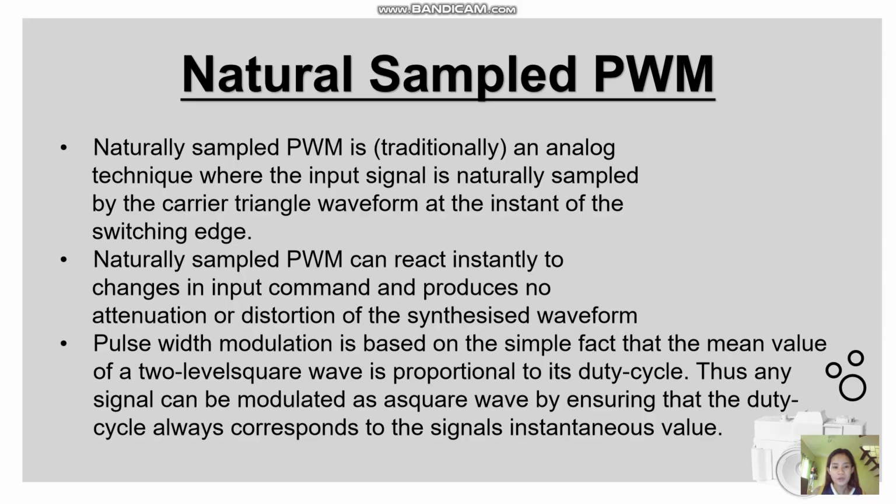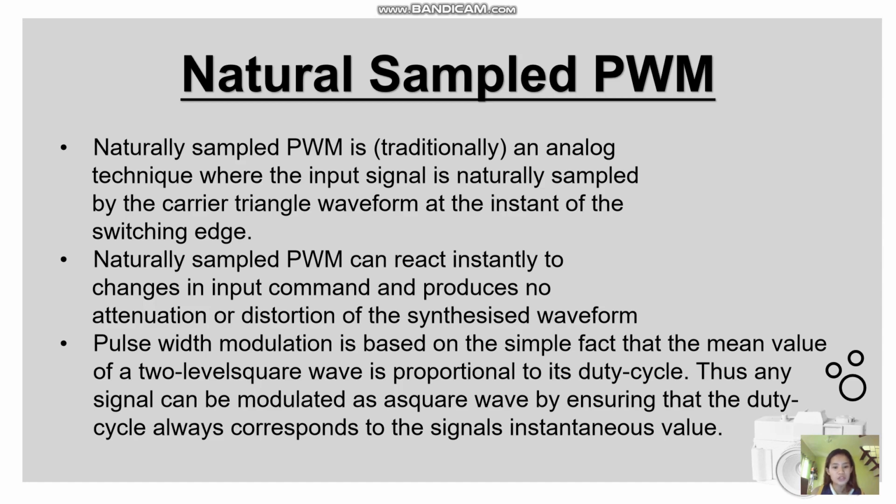I have here a quick definition of natural sampled PWM, or pulse width modulation. It's traditionally an analog technique where the input signal is naturally sampled by a carrier triangle waveform at the instant of switching edge. It can react instantly to changes in input command and produces no attenuation or distortion of the synthesized waveform.